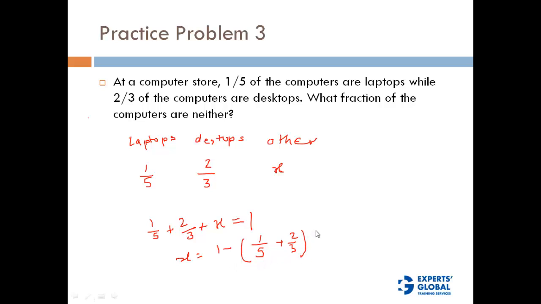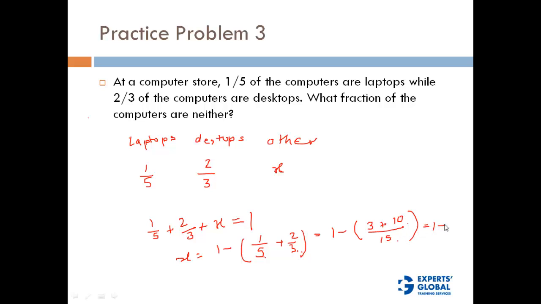So how do we find out this value? We get a common denominator. We get 15 as the common denominator, because 15 is 5 into 3. Here we are multiplying by 3, and for this fraction we are multiplying by 5. So we get 3 plus 2 into 5, which is 10. 3 plus 10 is 13, so 13 by 15.